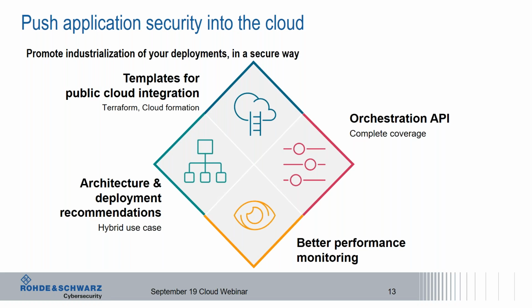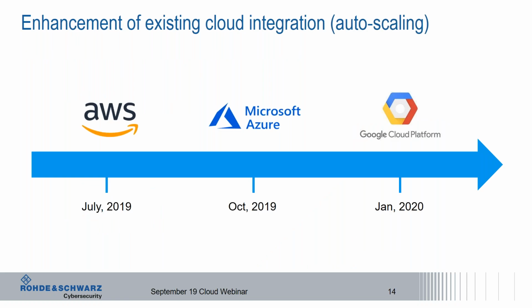And recommendations in terms of architecture, deployment, special use cases, and so on. This work for auto scaling has already been done for AWS. It will be done in October for Azure and January for Google Cloud Platform.